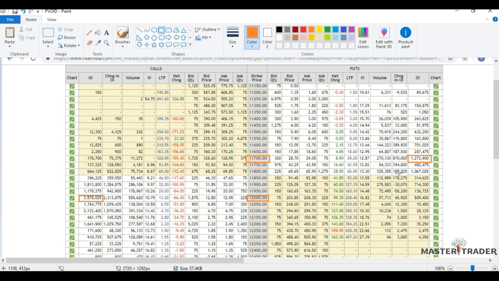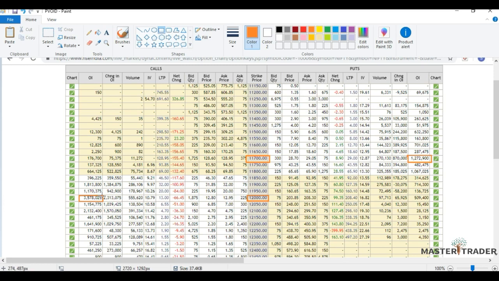Now vice versa, same thing on the call side. If we come to the call side, the highest open interest buildup was at the 12,000 strike price, of 35 lakh contracts. Now if this is sellers' data, that means 35 lakh contracts have been written at this 12,000 strike price.